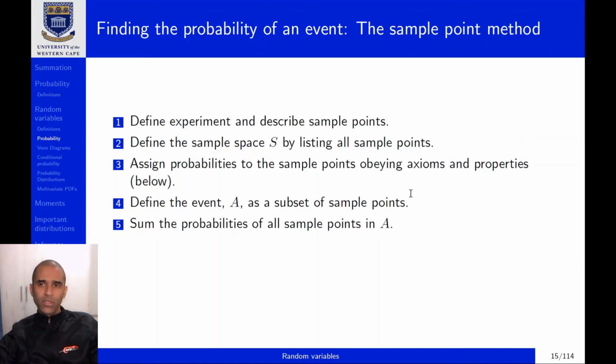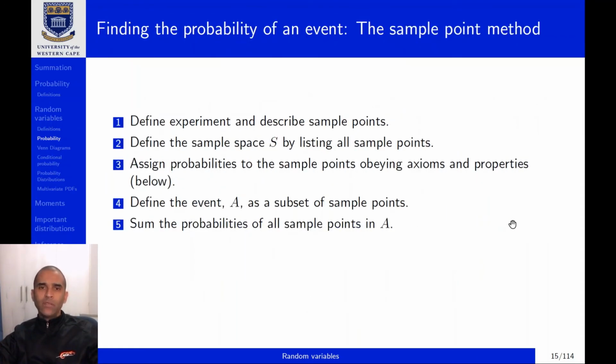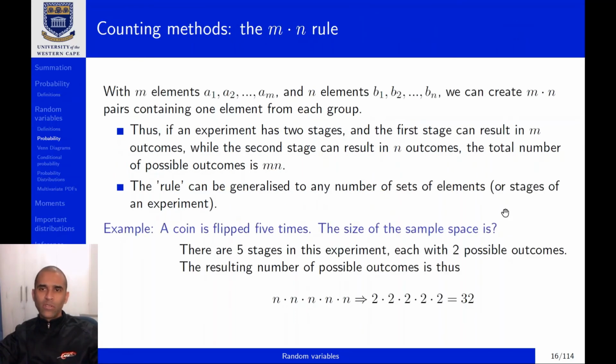But that's not always the case. And in instances where sample points are not equally likely, we can use the following method for calculating probabilities. But probability theory and calculations not being a focus of this course, we won't spend any more time on this.